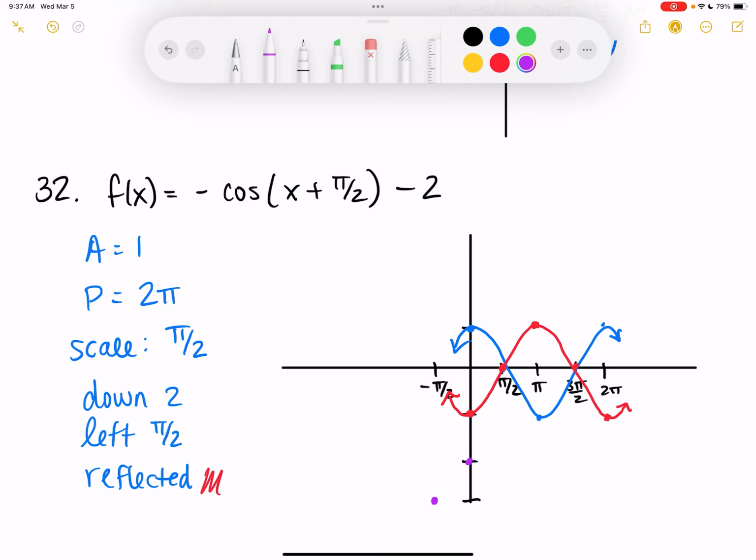And left pi over 2, down 2. And notice, even though I've shifted it, it still looks exactly the same. And I've got my 1 full cycle.